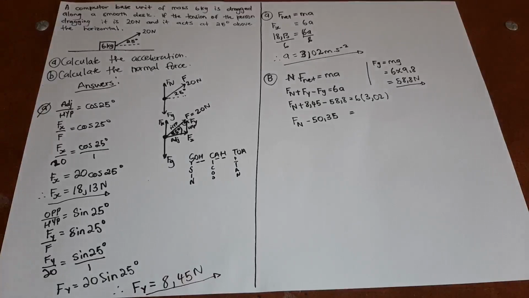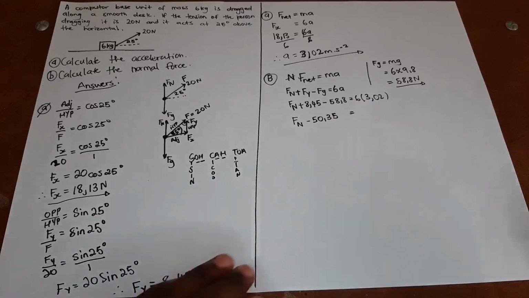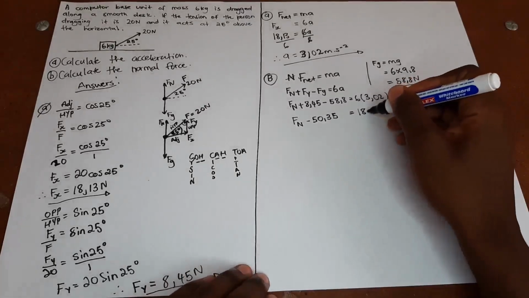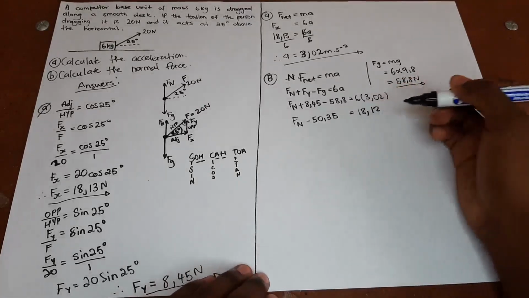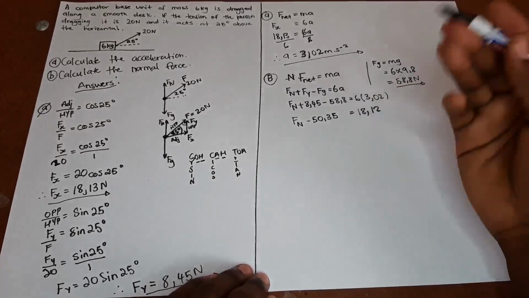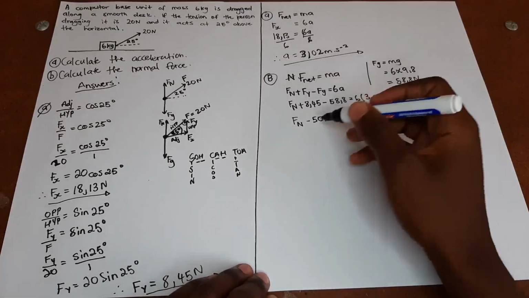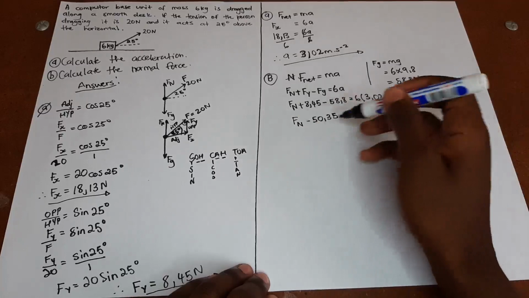So 6 multiplied by 3,02 gives us 18,12. Sorry, it's 12 after the comma. So 18,12.